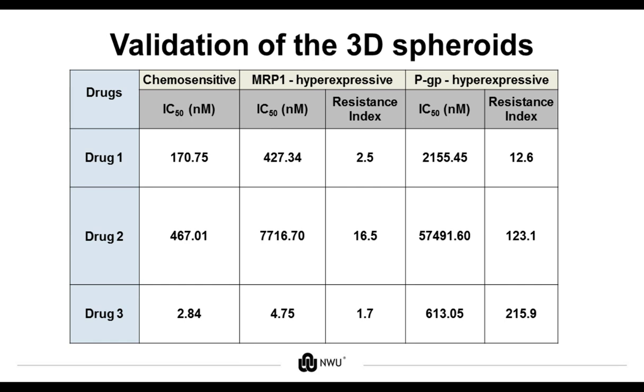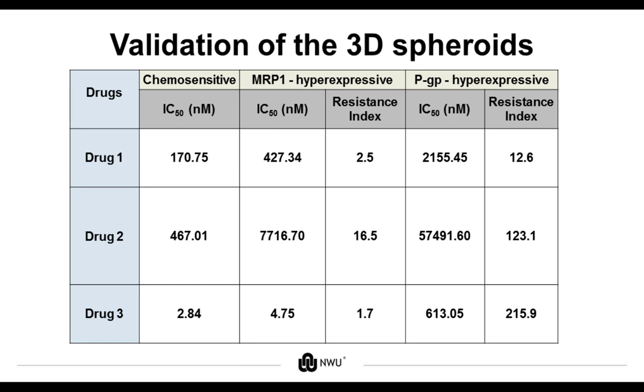Therefore, to confirm the susceptibility of the chemosensitive model towards the drug, the same dosage should be compared between the chemosensitive and multi-drug resistant models. From our 2D investigation, as seen in the table, the resistance index of the multi-drug resistant model was very high relative to the chemosensitive model.